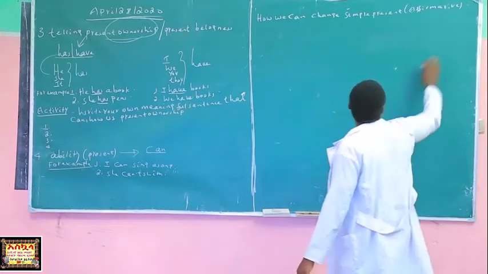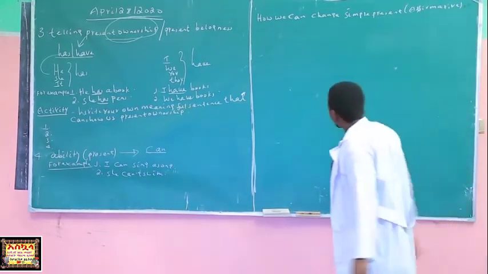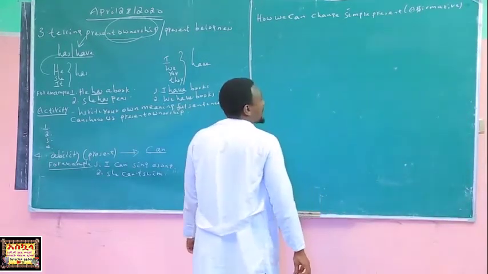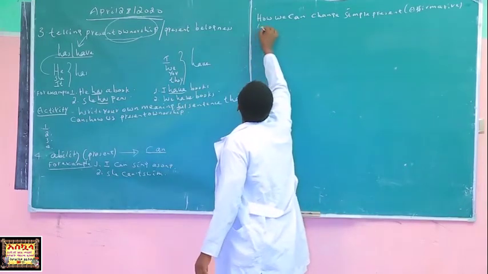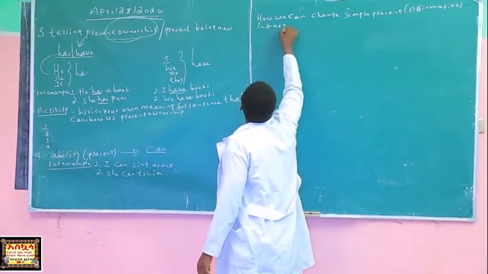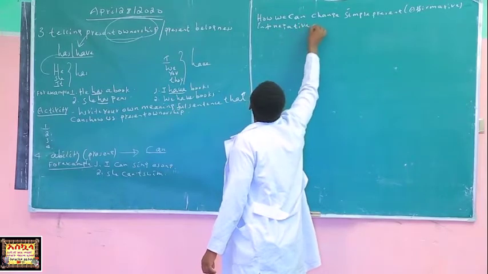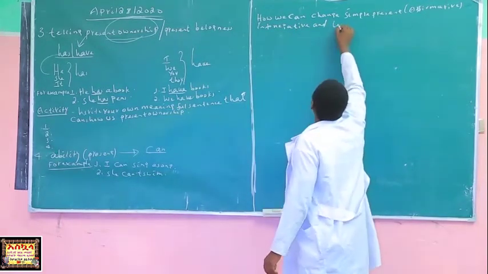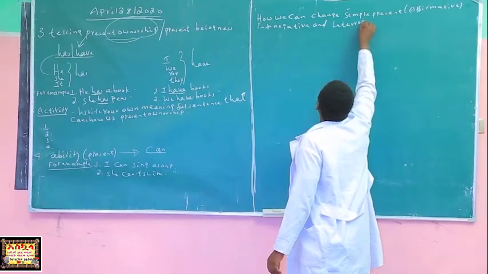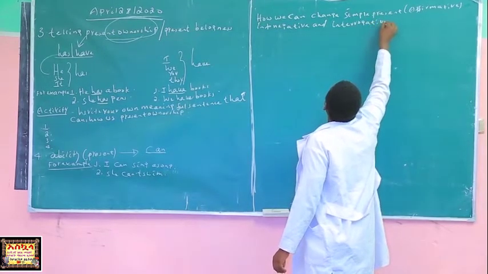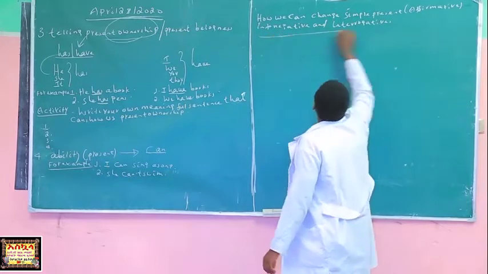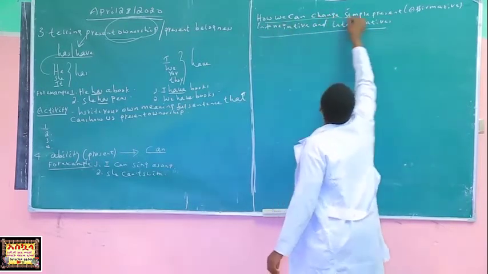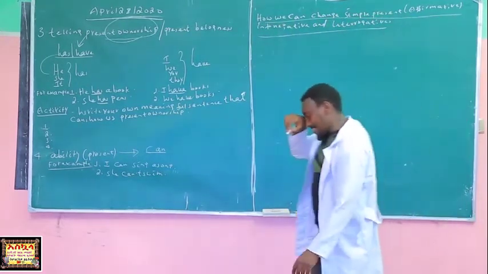How can we change simple present tense affirmative into negative and interrogative? Excellent students.